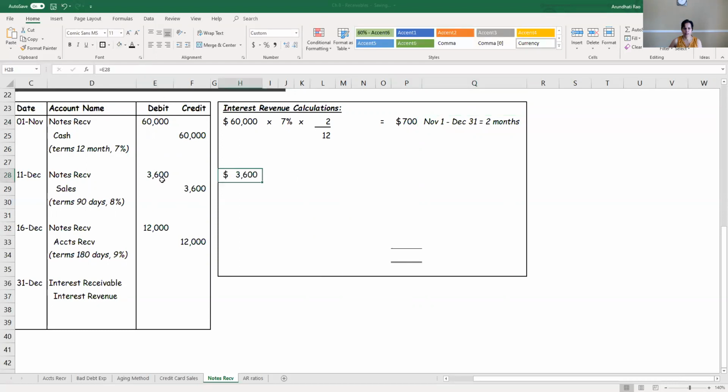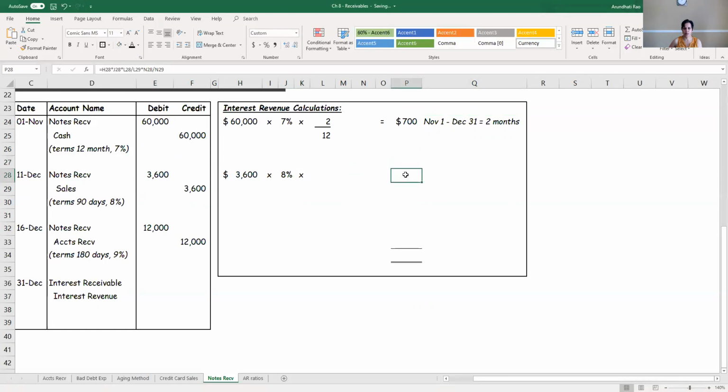This is 3,600. The interest rate is 8%, so I'll need to multiply by 8%. Now I need to multiply by a fraction. Let's see what I have. It's a 90-day note. How many days have passed from December 11th through December 31st?